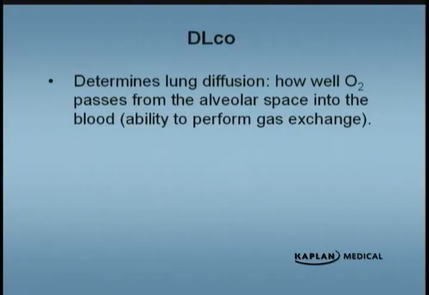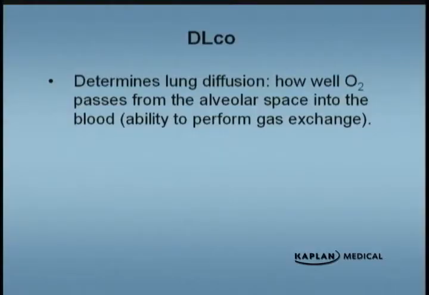The third part of the pulmonary function test is to determine lung diffusion and really how well oxygen passes through the alveolar space and into the pulmonary vessels. So what you're really seeing is, is there anything wrong with the alveolar membrane?